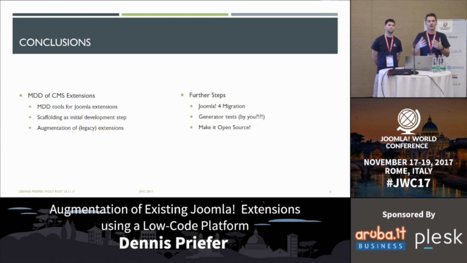If you have just one component, you can use it, but it's not the only solution. You can do it by hand as well. But if you have a lot of extensions you want to migrate, this could be a helpful tool during this migration. Even to migrate to another system such as WordPress, or get your extensions from WordPress to Joomla as well.